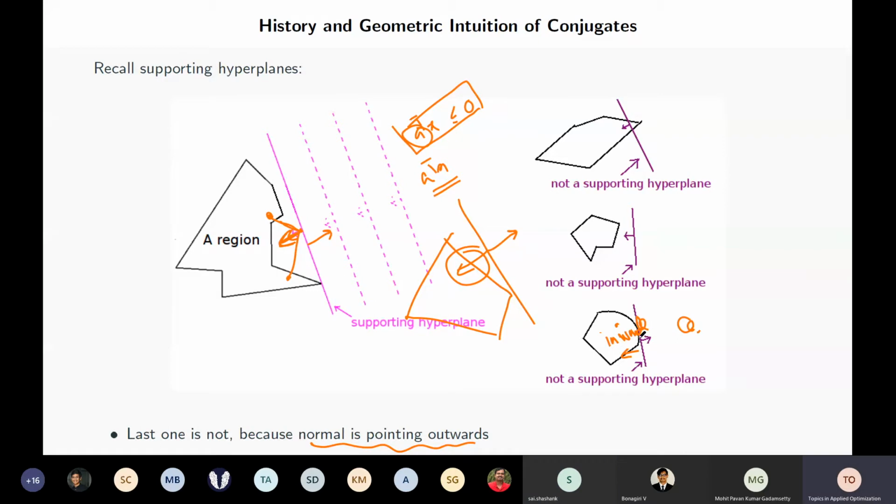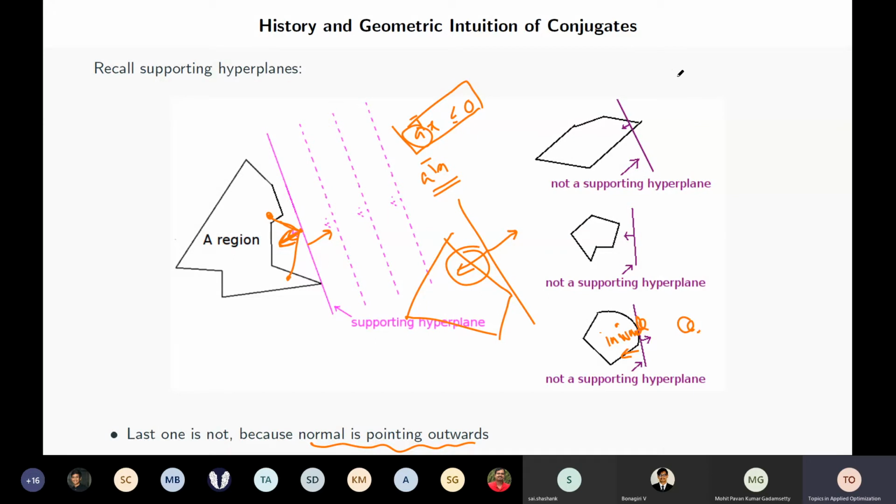Here the way I have described this plane is with minus A and then X. The plane could be seen with this normal or with this normal. The way we require in our definition is that it is with the normal that is pointing inwards, not outwards.